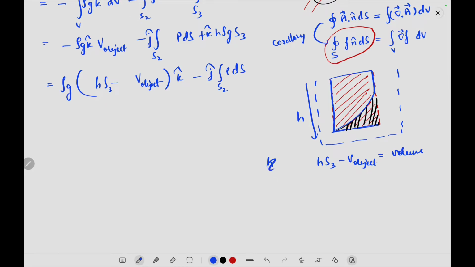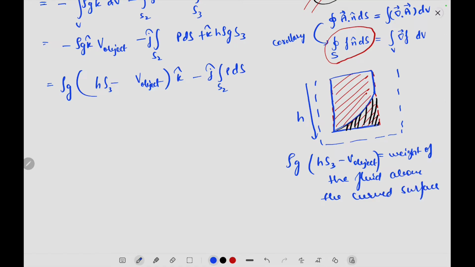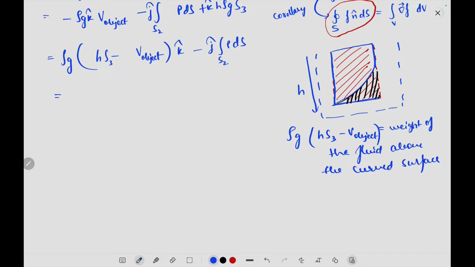So rho g into HS3 minus V object would be the weight of the fluid above the curved surface. Okay, so this is simply the weight of the fluid. So let's just write it like W, and this is the weight minus J hat PDS integral over S2.